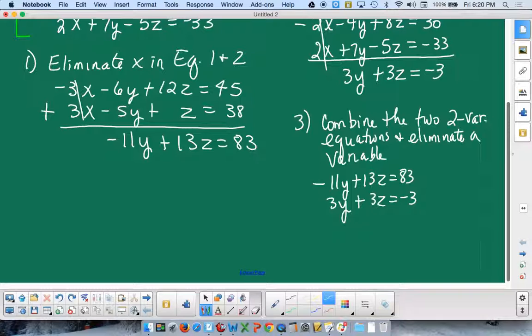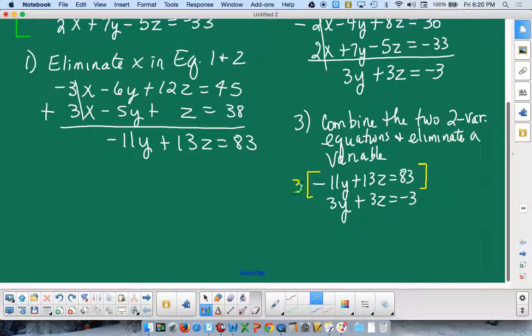Okay, none of these is looking like great numbers. Which do you think would be easier to get rid of, the y's or the z's? It's about the same. However, I notice the y's have opposite signs, so I think I'll go with the y's. But if I'm going to do the y's, what number is in common to negative 11 and positive 3? I'm going to have to make them become 33.